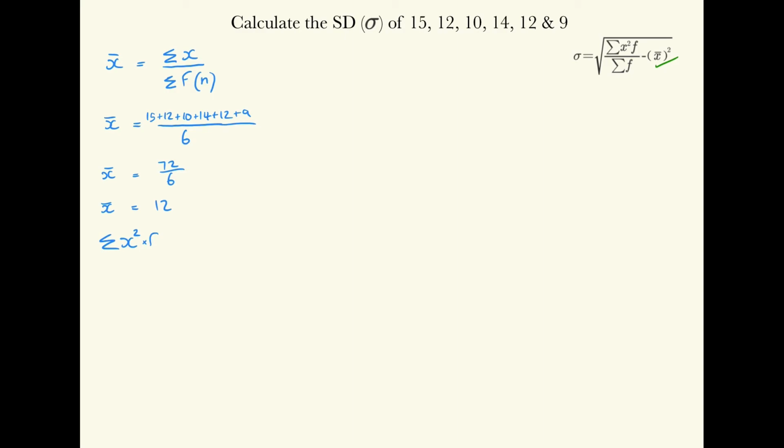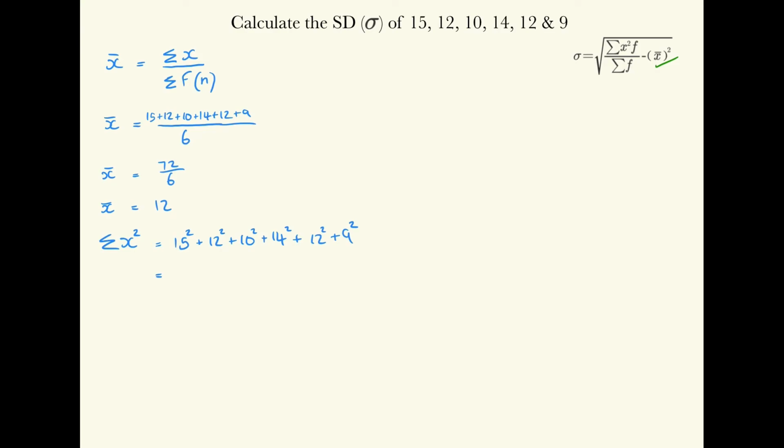We can just do one number at a time. So that's going to be equal to 15 squared plus 12 squared plus 10 squared plus 14 squared plus 12 squared plus 9 squared.